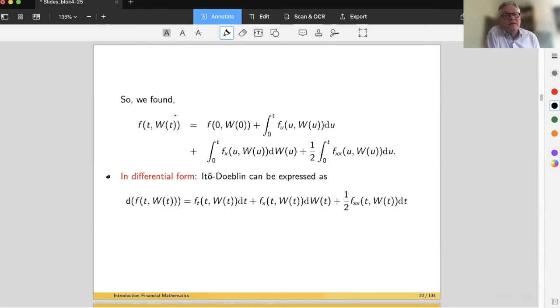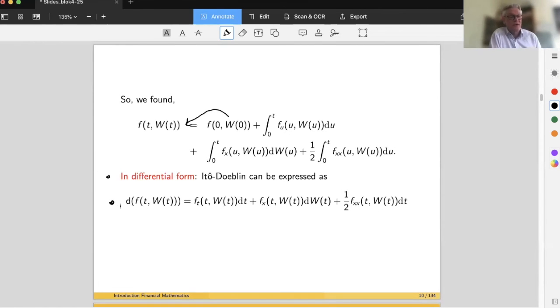If this one goes to the left-hand side, we see df of t and W. That is then equal in differential form to the integrand over here, f_t dt plus f_x dW plus 1/2 the second derivative of f times dt. And this is a form that we will often work with.